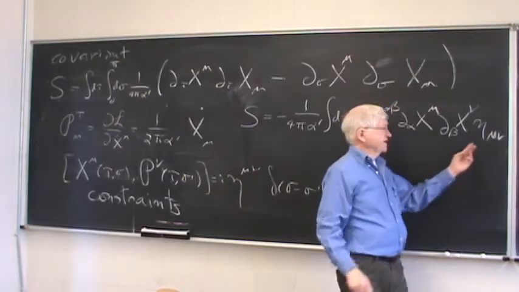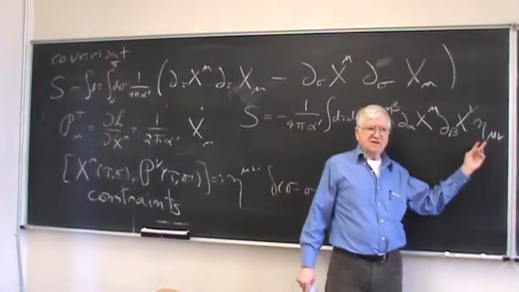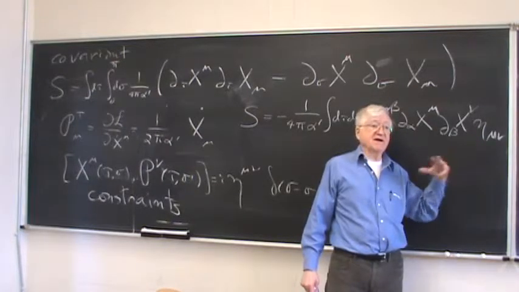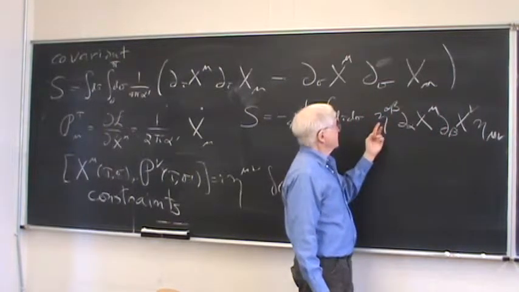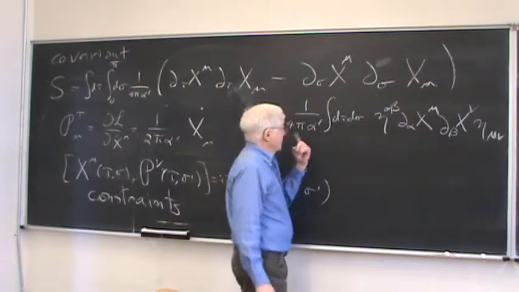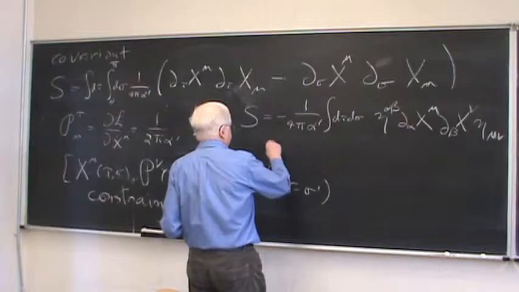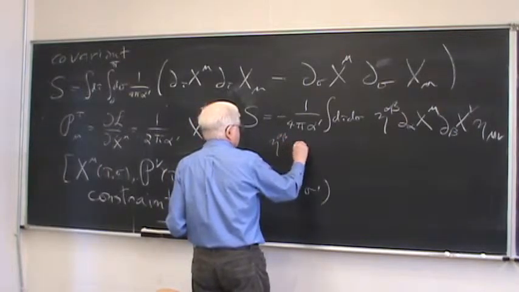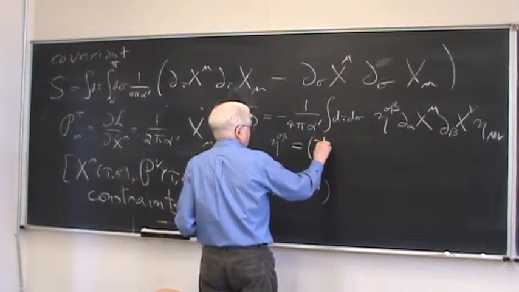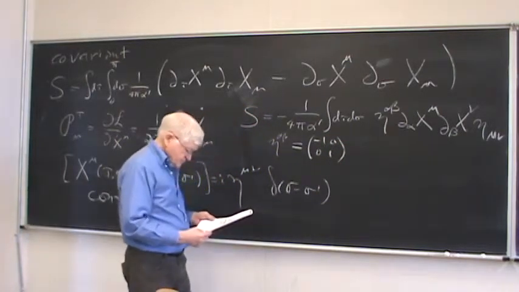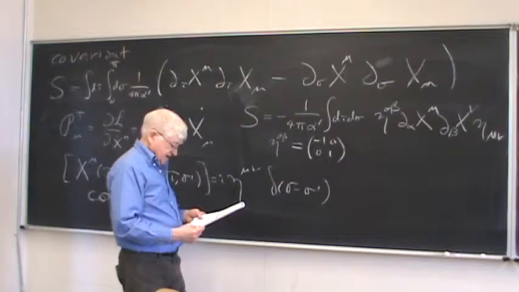This eta is the flat metric in, say, 26 dimensions, or 10 if you add fermions. And this eta alpha beta is the metric on this space-time, which is just equal to minus 1, 1, 0, 0.